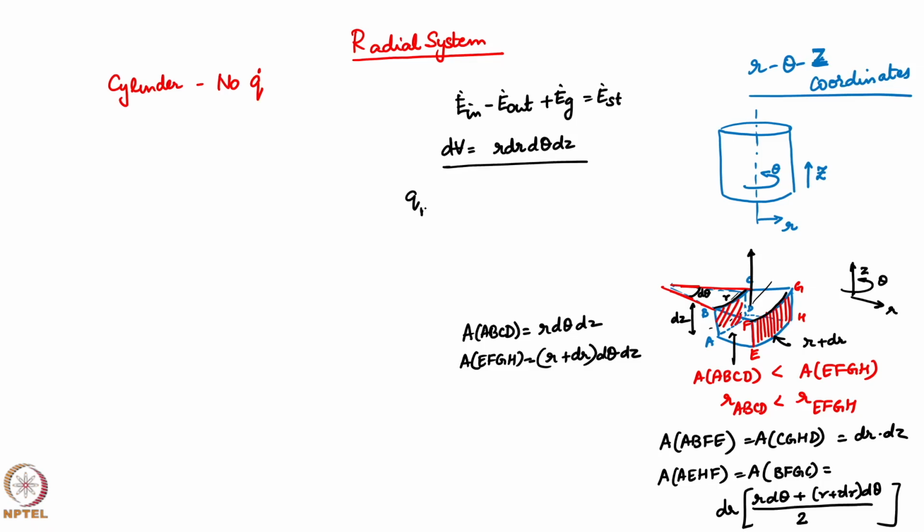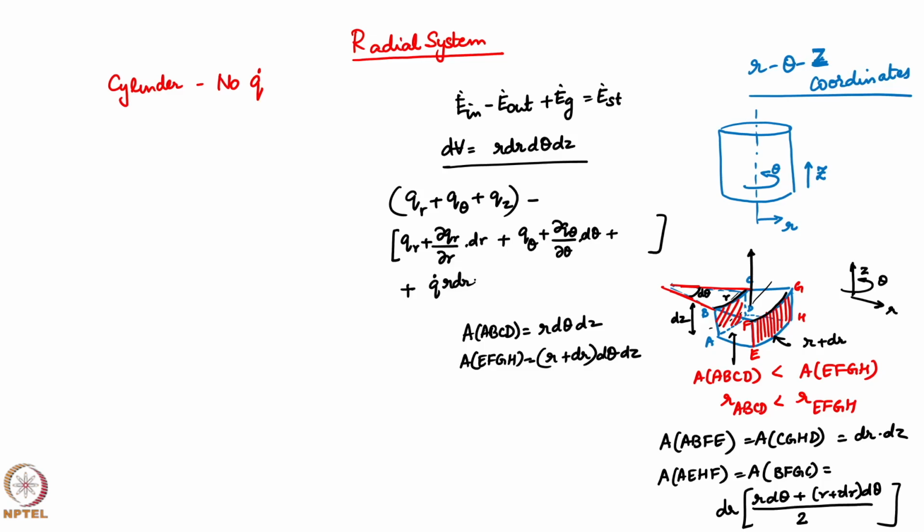So, q_r plus q_theta plus q_z is E in, minus q_r plus dq_r by dr, plus q_theta plus dq_theta by d theta, plus something for the z, plus q triple prime or q dot r dr d theta dz is equal to rho r dr d theta dz Cp dT by dt.